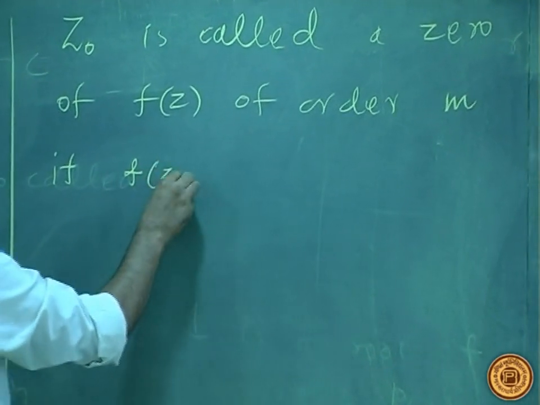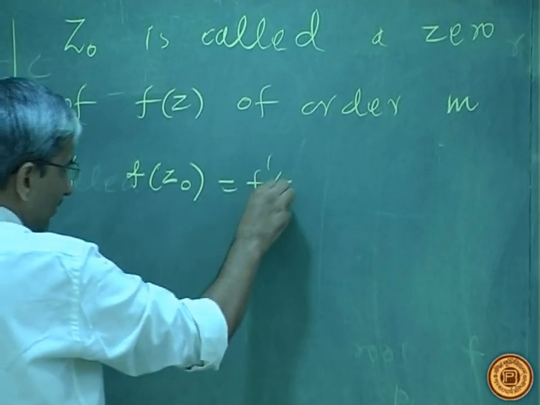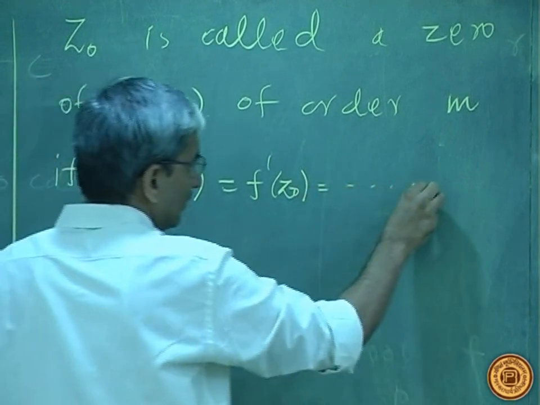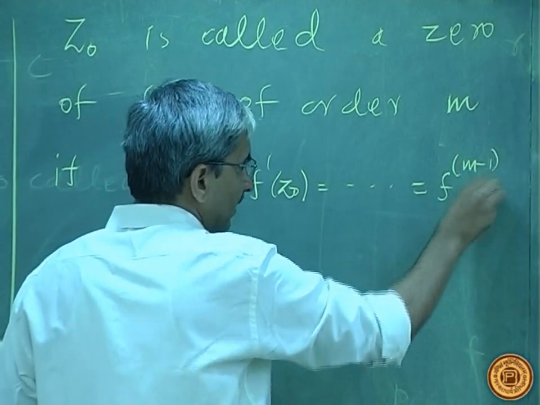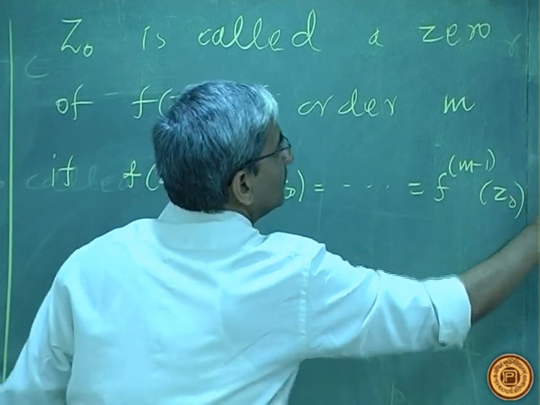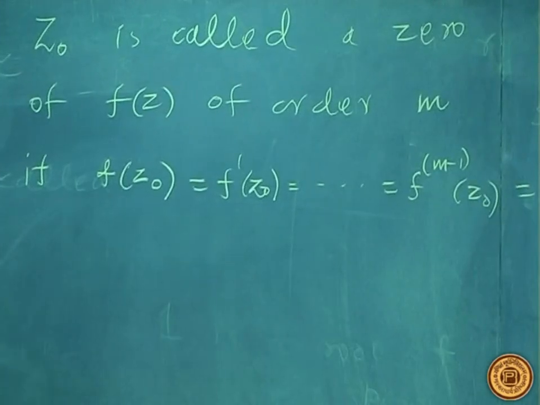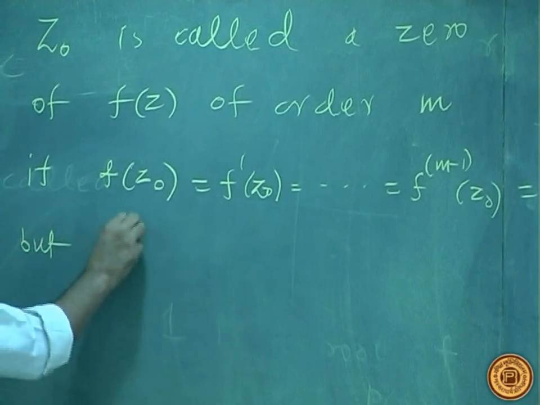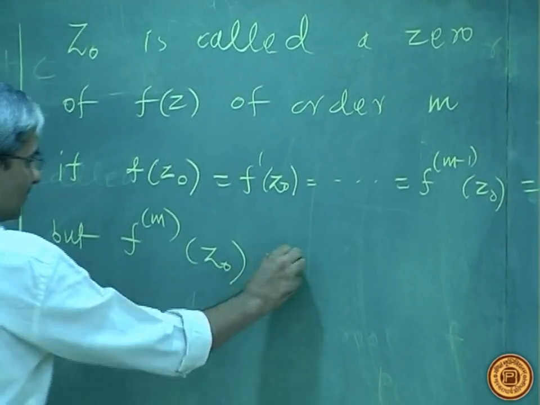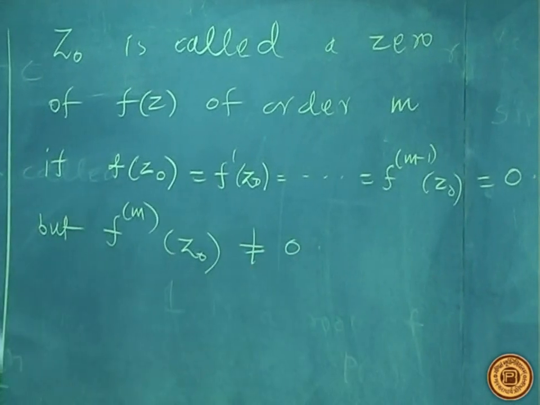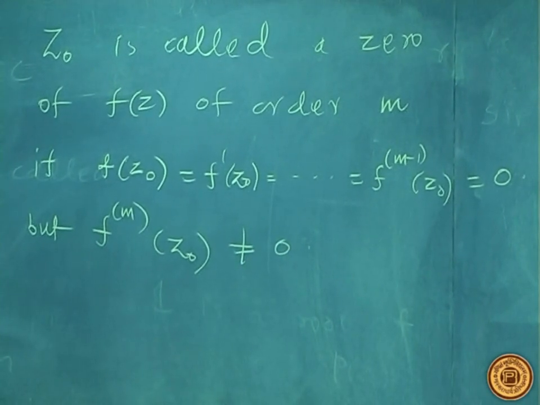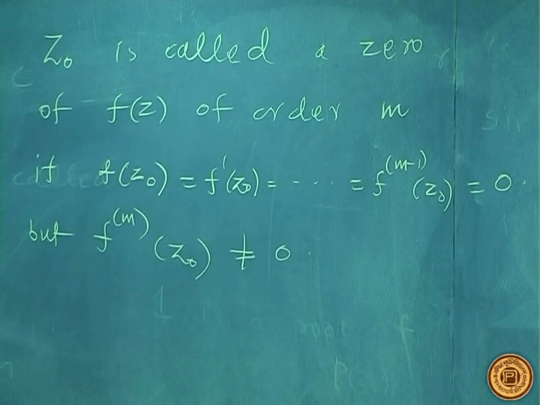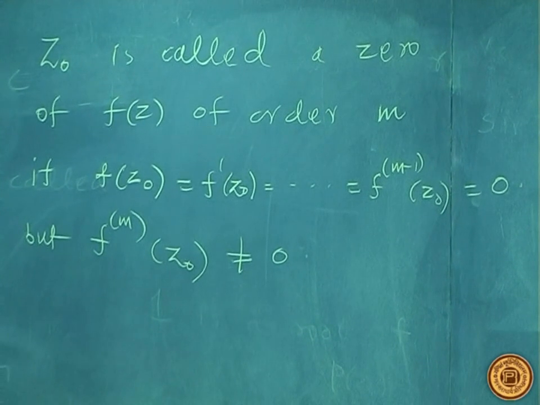f(z naught) equals f dash z naught, up to the (m minus 1)th derivative at z naught, all are 0, but the mth derivative at z naught is not equal to 0. Like here, f(z1) is 0 and the first derivative at z1 is also 0, but f double dash z1 is not equal to 0.